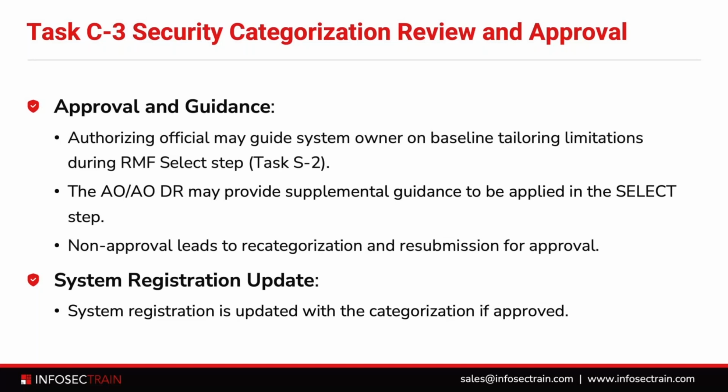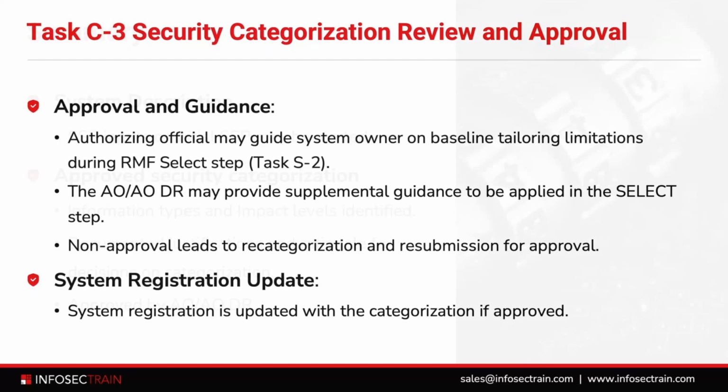System registration update: system registration is updated with the categorization once it is approved. Once the categorization is approved, the registration of the system is initiated, and the security category is enforced on a particular information system.